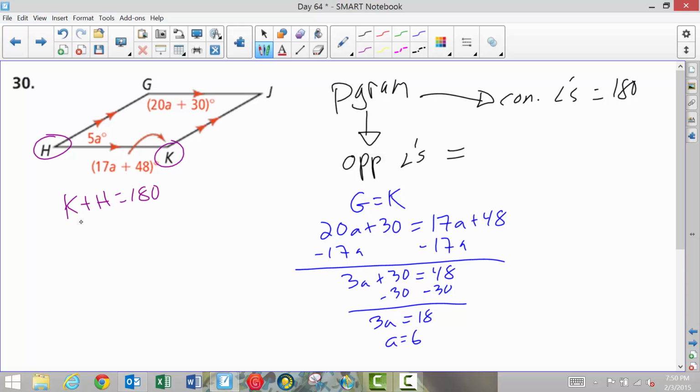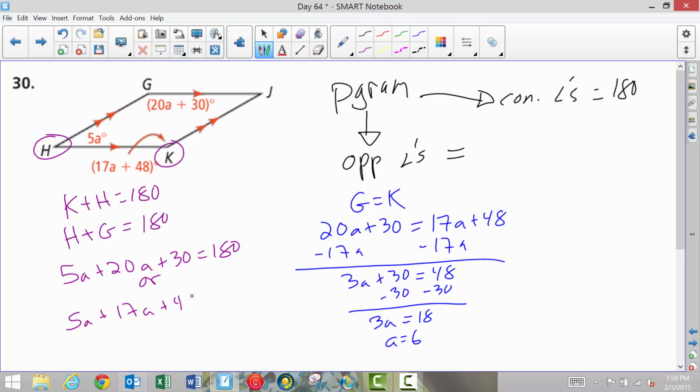And I also know that H plus G is going to equal 180 because they're also consecutive. So I can do 5A plus 20, A plus 30 equals 180. Or I can do 5A plus 17A plus 48 equals 180. And when I solve this, I still get A equals 6.